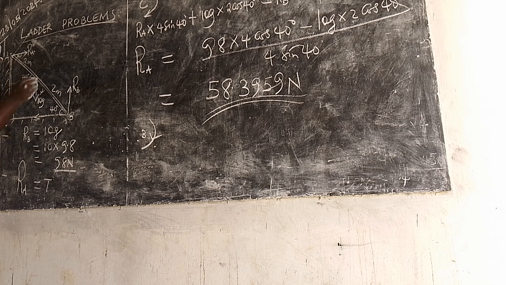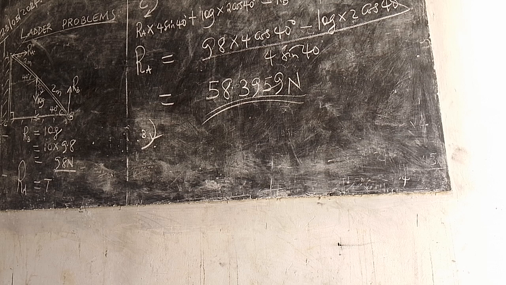It must be here, because if this is 40, this is 90, this is 50. So it must first be straight. So I multiply by 2, just that. You get me?